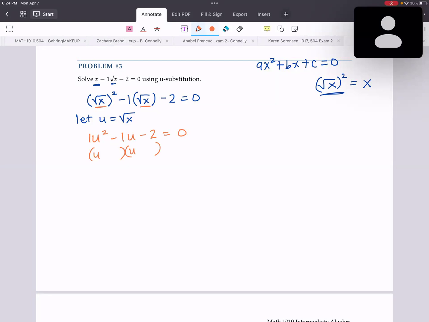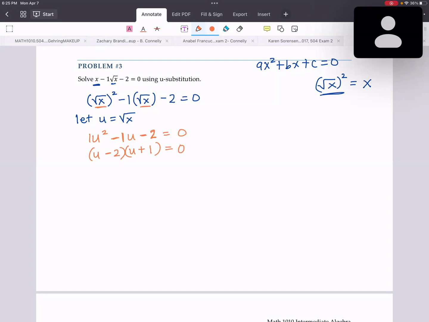What times what is negative 2 that adds to be negative 1? Excuse me. So 2 times 1 is the only way we can get 2. And if it's a negative 2, then one of them needs to be negative. Since our middle term is negative, that means our bigger number needs to be negative. So I've got negative 2 and positive 1 there.